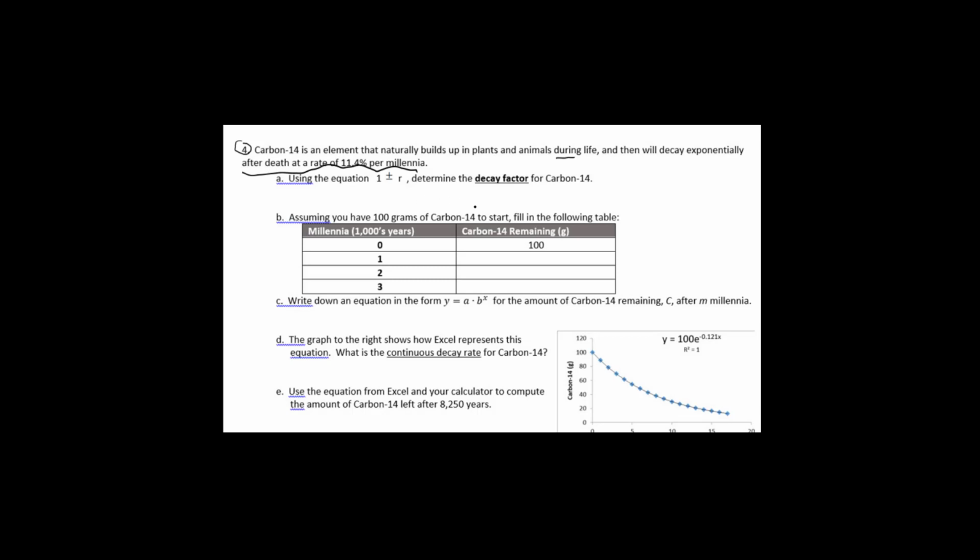Decay, right? 1 minus, and you could do it this way, 0.114 if you can, or otherwise put 11.4 over 100. And you get 0.886.